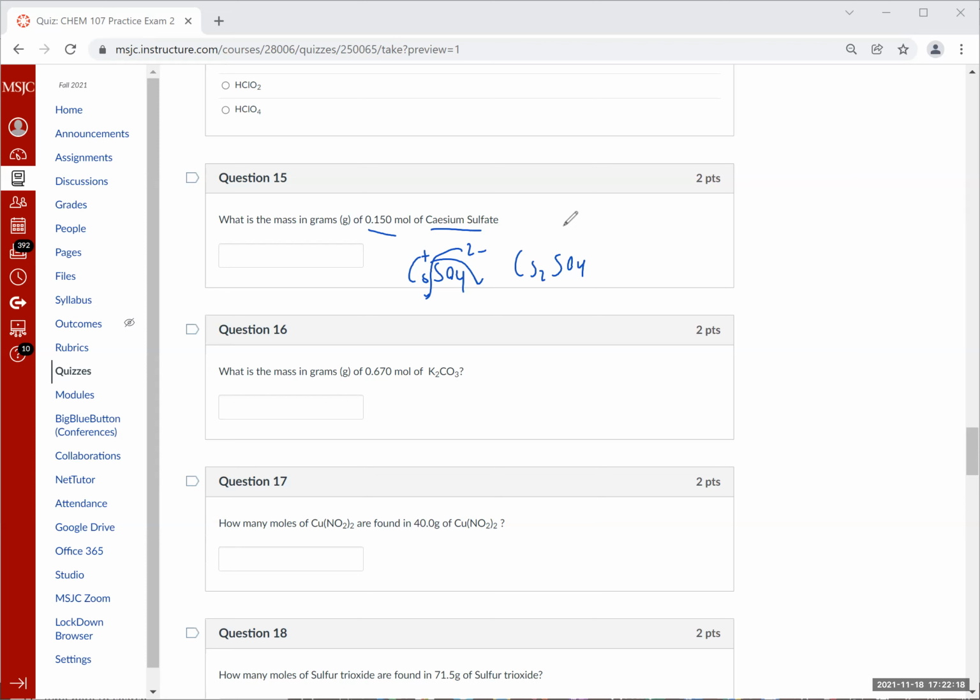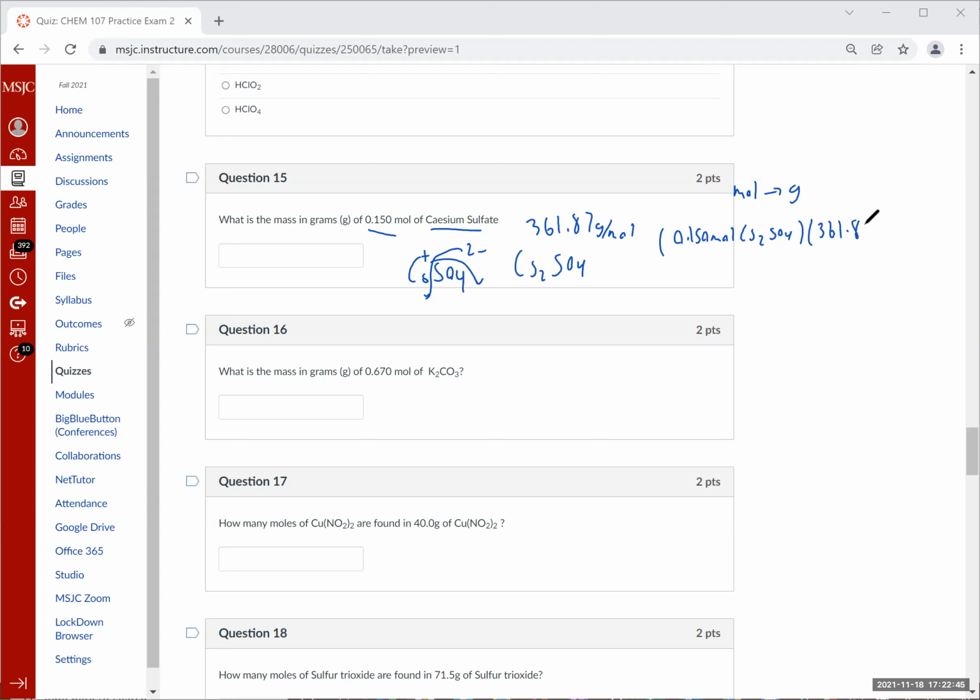So then if we punch into our calculator the molar mass for cesium sulfate, we get a molar mass of 361.87 gram per mole. So if we have 0.150 moles of cesium sulfate, to convert from mole to grams, we use the molar mass.